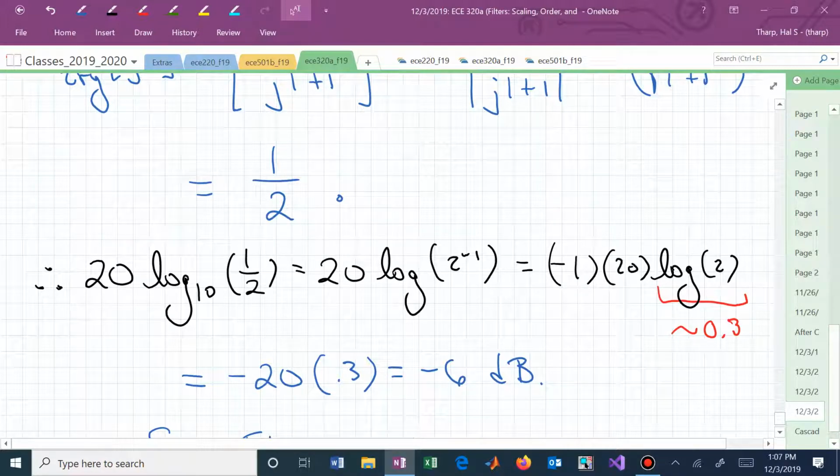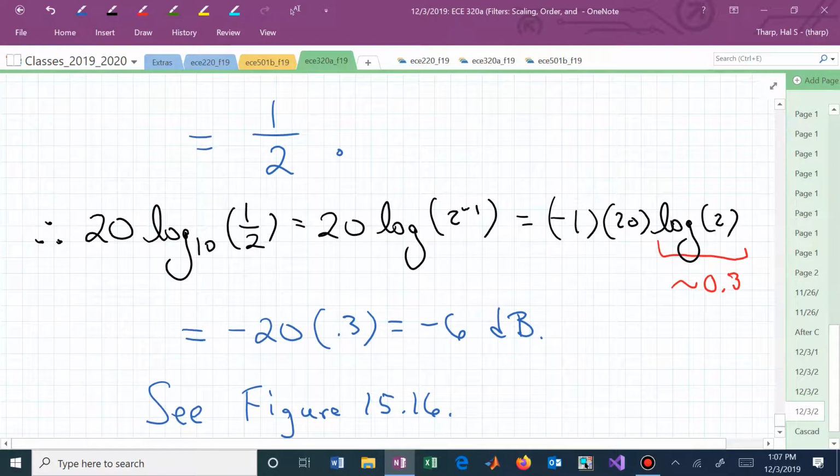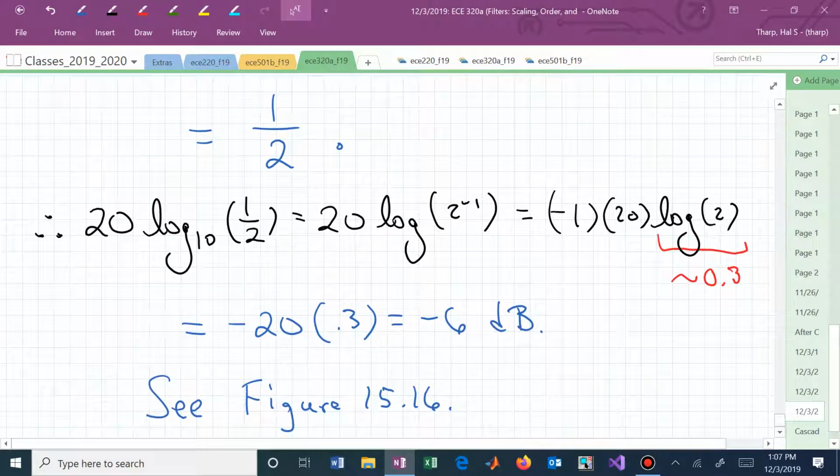We no longer have maintained our cutoff frequency at omega equal to 1. In fact, at omega equal to 1, we had an absolute gain of 1/2. We take 20 log of that, and we can now go through the algebra, and now we multiply the 0.3 by 20 instead of 10. So now we're down not 3 dB, but 6 dB at omega equal to 1.